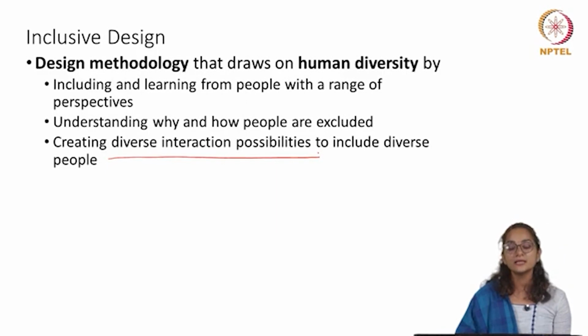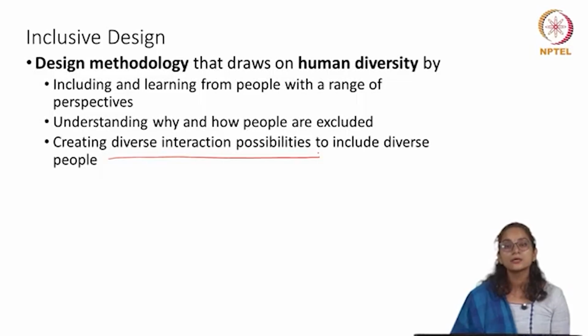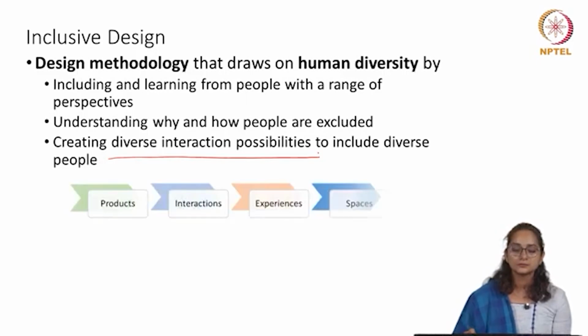For example, if we enable closed captioning, audio feedback, visual feedback, and tactile feedback, that means we are enabling multimodal feedback, and then we are able to inform different types of users with different types of disabilities about the various functioning and features of the application or the product. This process can be used to create products, interactions, experiences, and spaces.